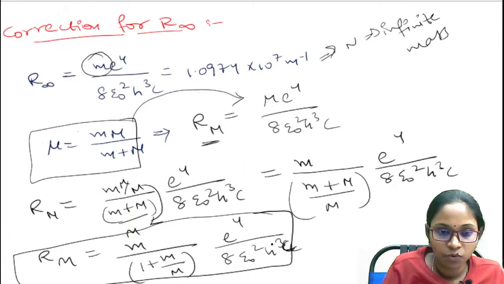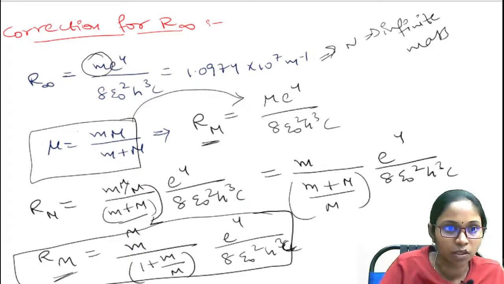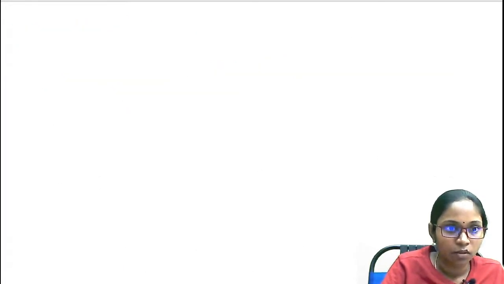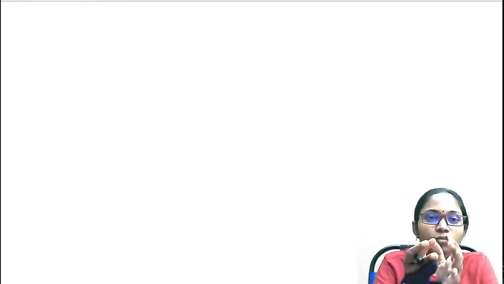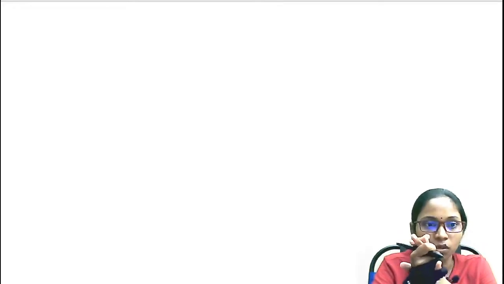Whenever you consider the reduced mass, this will be the Rydberg constant equation. Okay, that too for nucleus. Reduced mass, electron mass ఎందుకు రెడ్యూస్ అయిందంటే మనం న్యూక్లియస్ కూడా మూవ్ అవుతుందని కన్సిడర్ చేసాం.